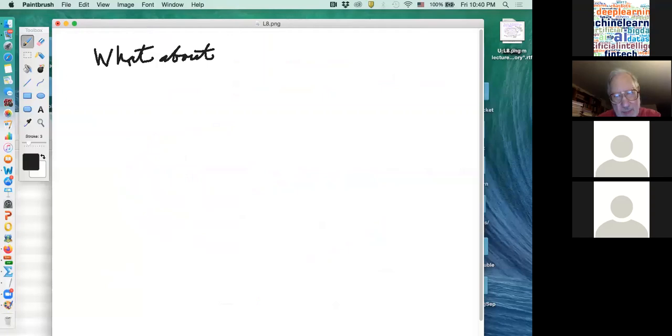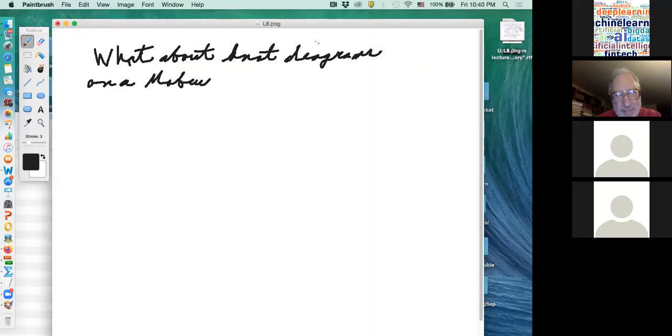What about knot diagrams on a Mobius strip? Now you're all familiar with the Mobius strip.